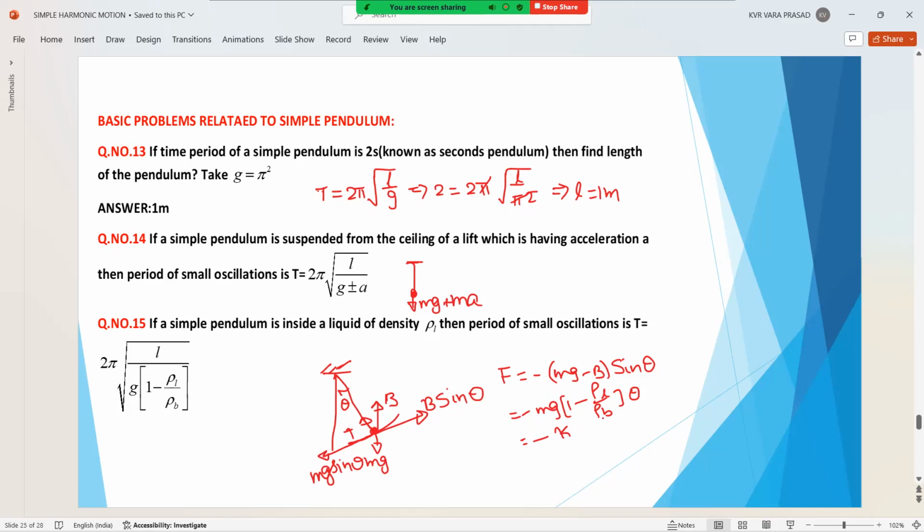In place of theta, write x by L, where x is the displacement. So it is of the form minus k into x. In place of k, we have mg into (1 minus rho L by rho B) by L.